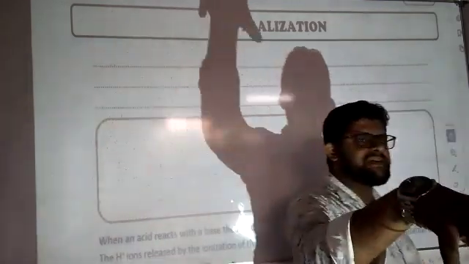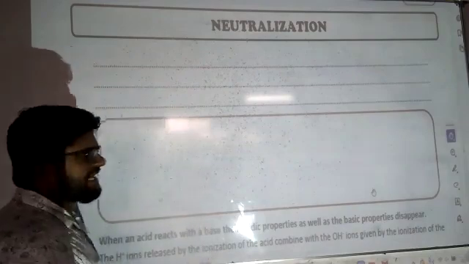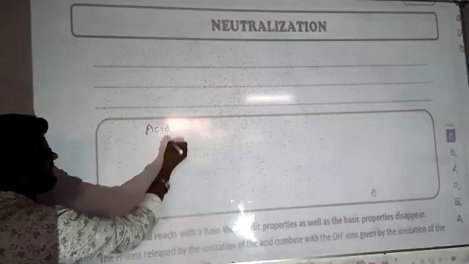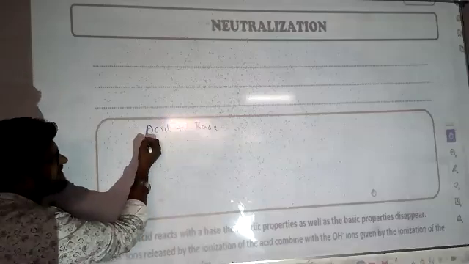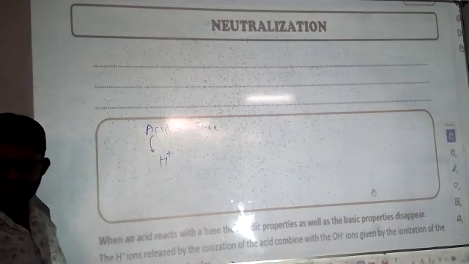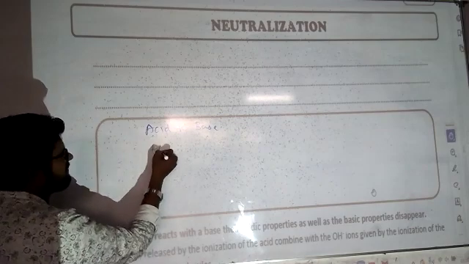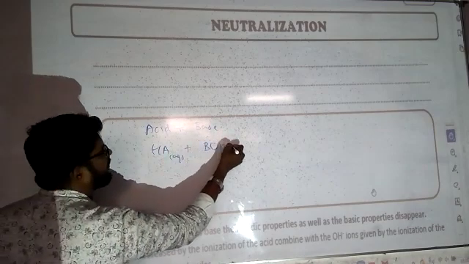When an acid and a base are combining, acid plus base. Now this acid will be releasing hydrogen first, right? Acid means HA, let me take HA first, and the base is BOH.